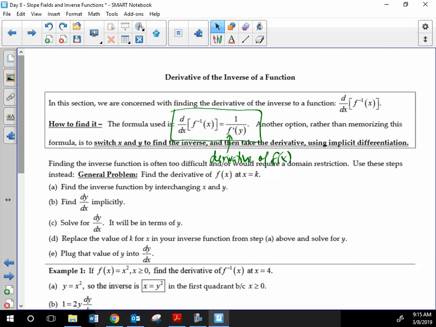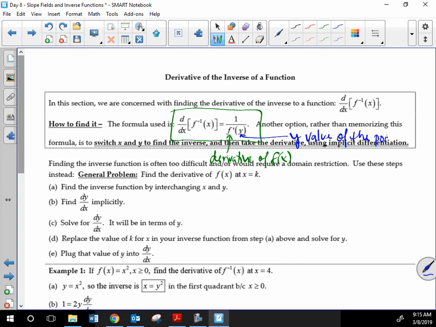But our y, this here, is the y value of the point on f inverse of x. Okay. So this is the y value on the point of f inverse of x.